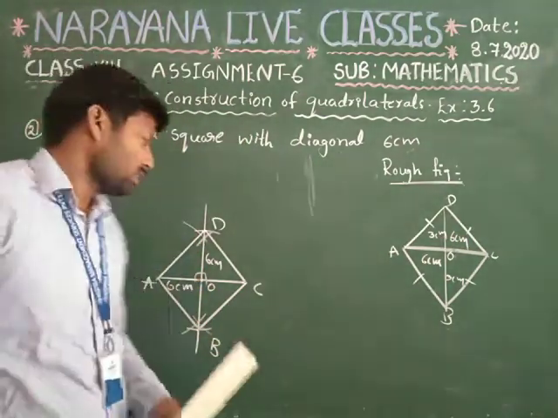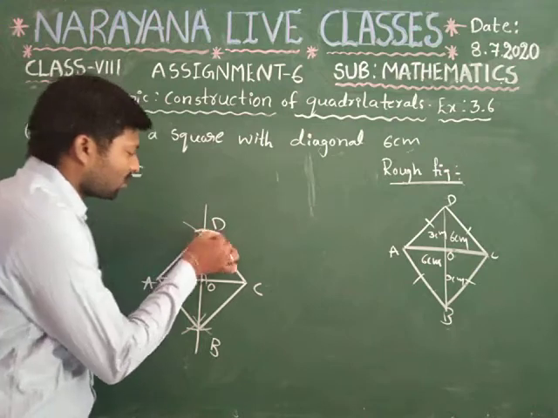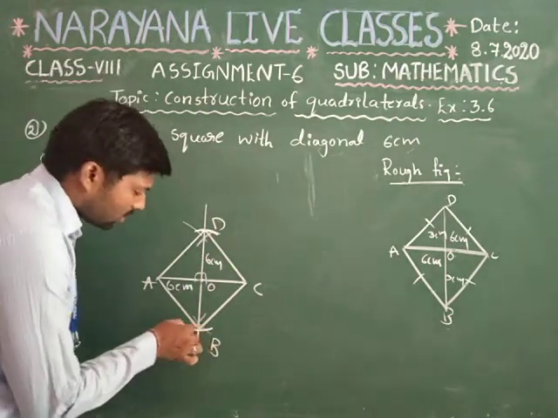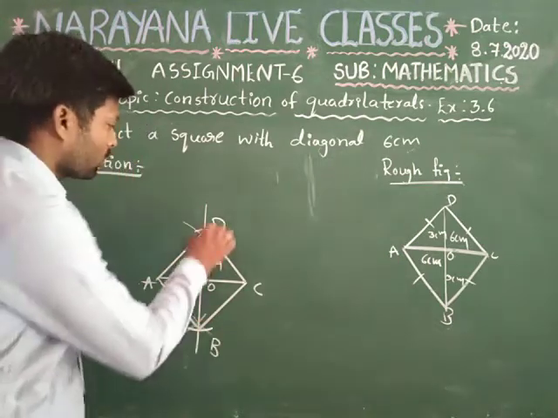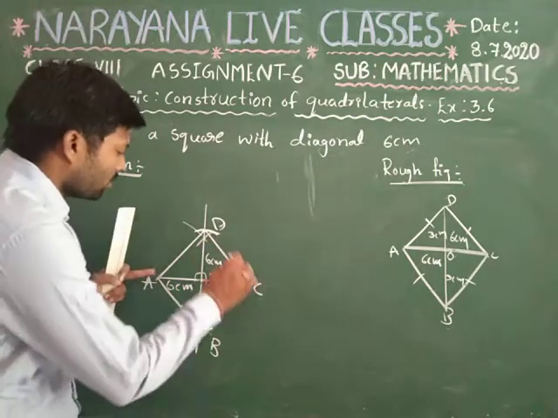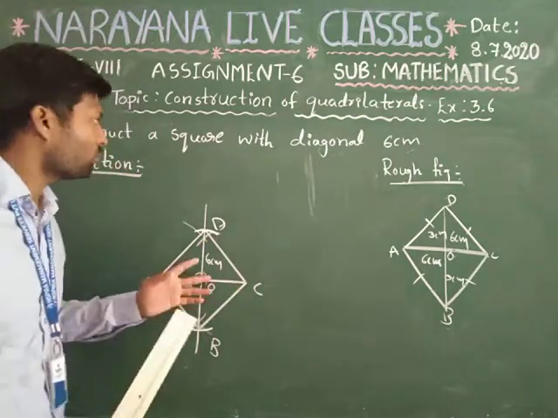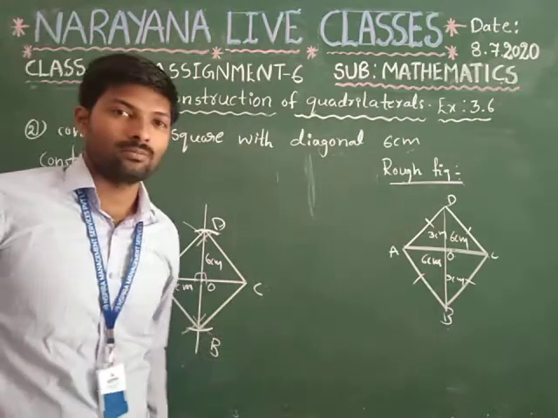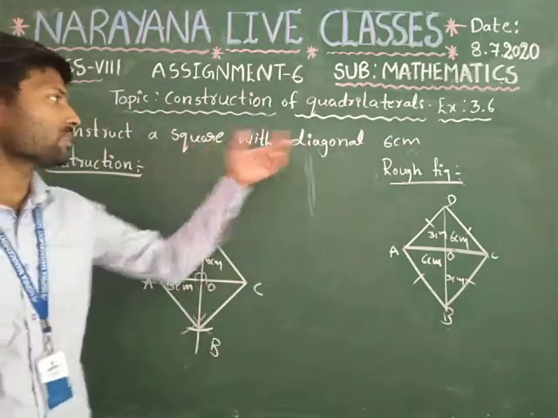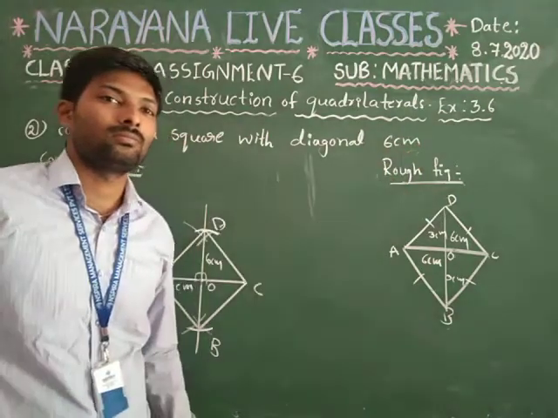The points of intersection of this arc and the line are point D as well as point B respectively. Now join all these 4 points to form a square ABCD with a diagonal 6 centimeters. Hence we can construct the given square based on the diagonal 6 centimeter.